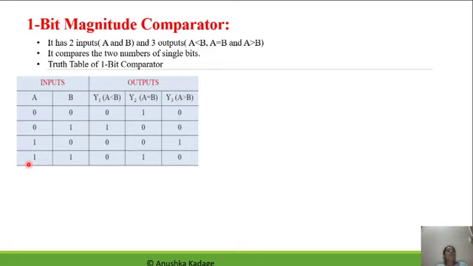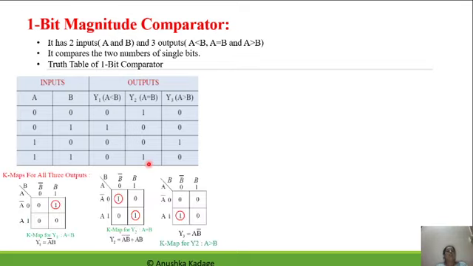Now, the next input combination, where A and B are both 1, indicates that both are equal. So the output corresponding to A equal to B will be 1, while the other two outputs will be 0.